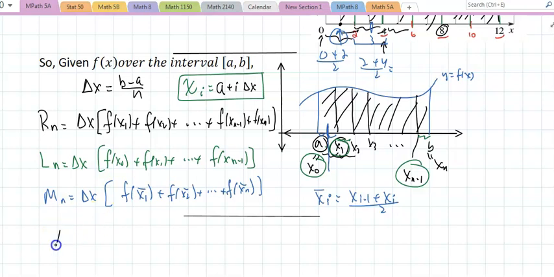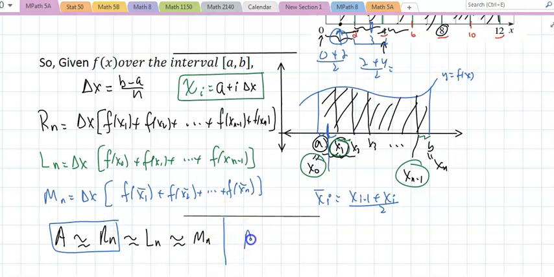If I really look at the area, I'll say that's roughly the right-hand approximation, or the left-hand approximation, or the midpoint approximation. There are 3 of them. If I picked specifically the right, I'm going to say area is roughly delta x times f of x sub 1 plus f of x sub 2 plus f of x sub 3 plus f of x sub n.